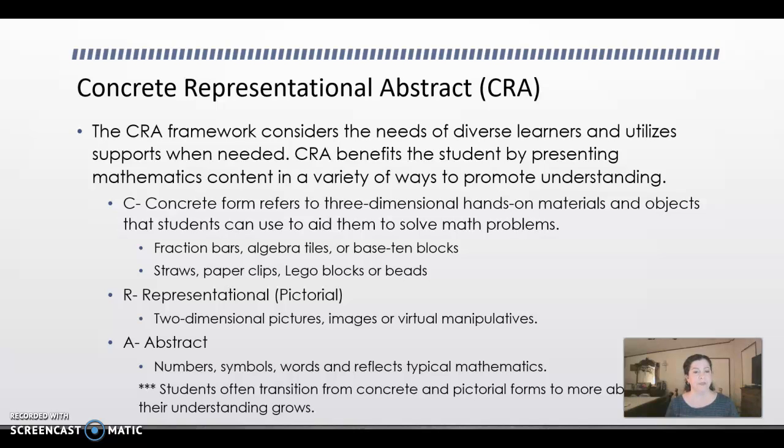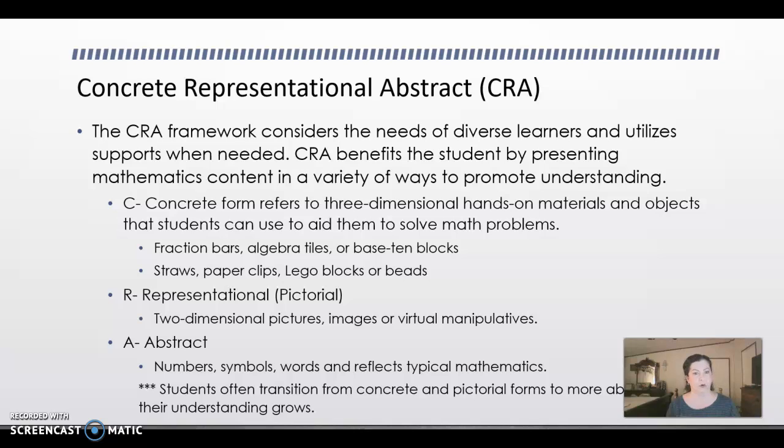And then the R is for the representational, or pictorial: two-dimensional pictures, images, or virtual manipulatives. I had a lot of fun learning more about virtual manipulatives for this module. And then, of course, probably the most difficult part is the abstract.